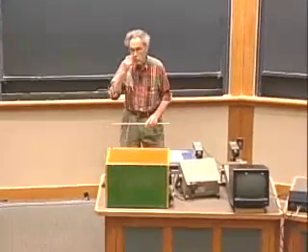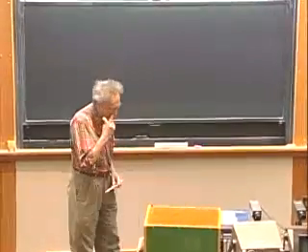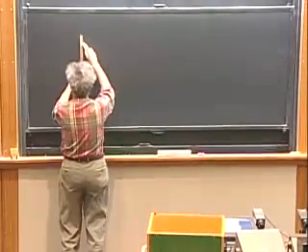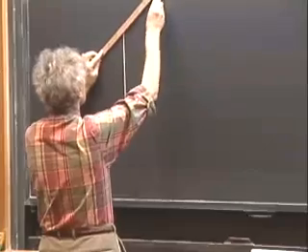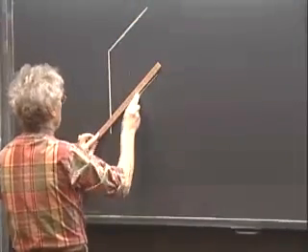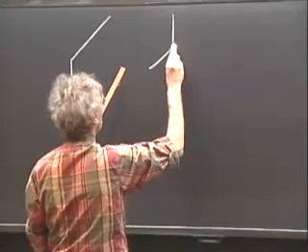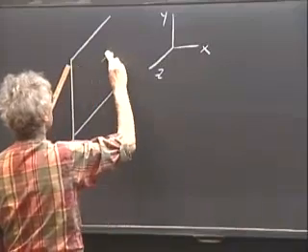And I will return to something that I have discussed with you before but never fully explained, and that's the setup whereby we have a metal plate. This is my coordinate system, x, y, z.